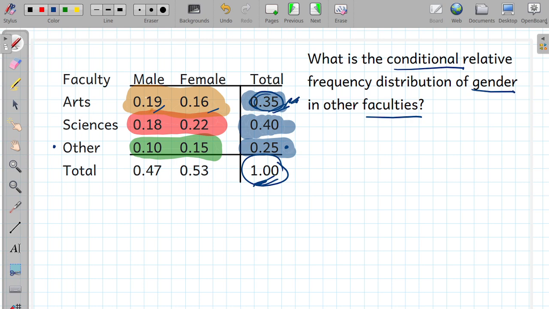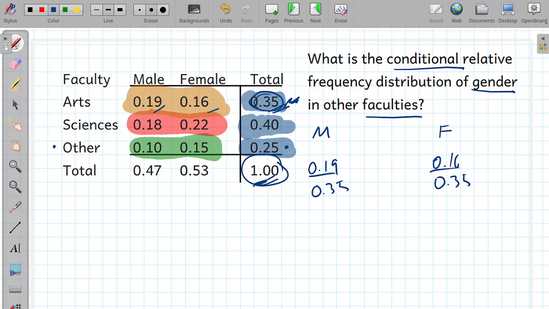Okay, so right now let's do the arts thing while Kayla's answering that question. Our denominator is going to be 0.35. We have males and females, 0.35 here and 0.35 here, and we want to turn these into respective percentages so that we can interpret this properly.